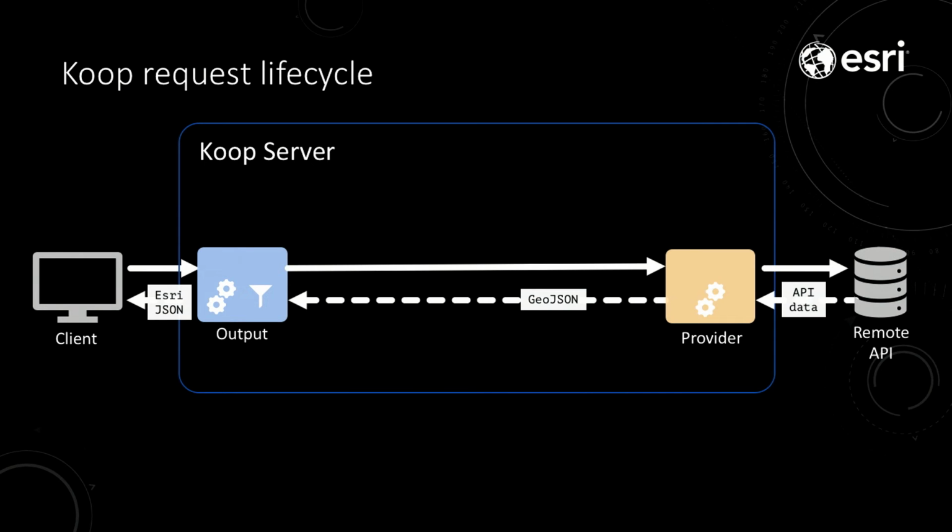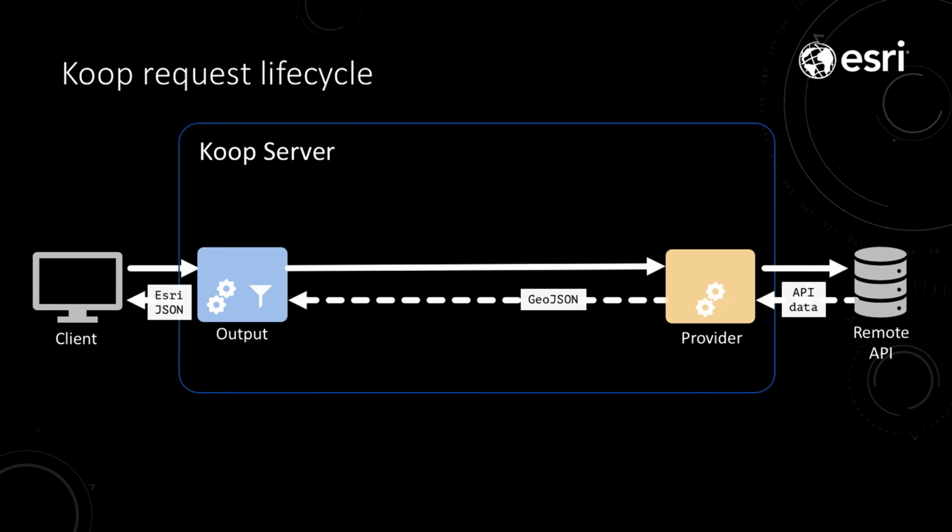GeoJSON is the common tongue of Koop. So all providers have to turn whatever format the data that comes back from that remote API into GeoJSON. And then the GeoJSON is passed back to the output plugin. And the output plugin in turn may do a couple of things.